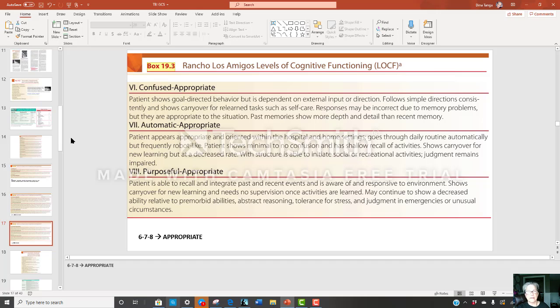So now the patient understands they need the walker, doesn't need any supervision. They've learned how to use the walker.